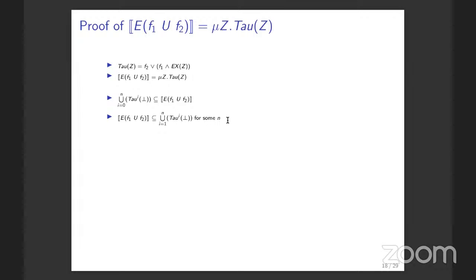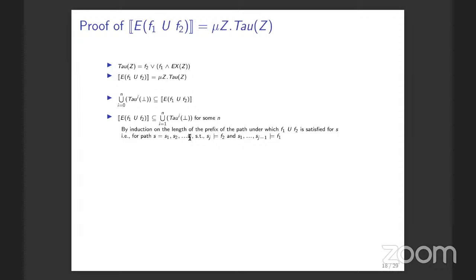Okay? So by induction on the length of the prefix of the path under which F1 until F2 is satisfied. So, for example, those states that satisfy this are states in which there are paths of this kind.